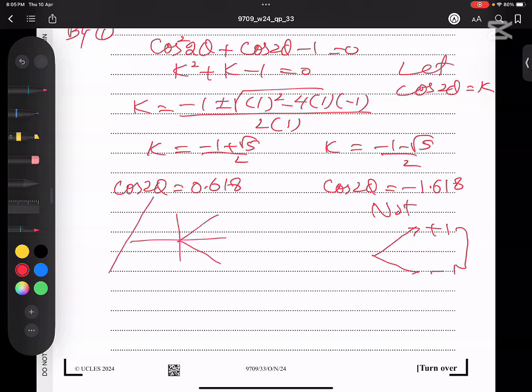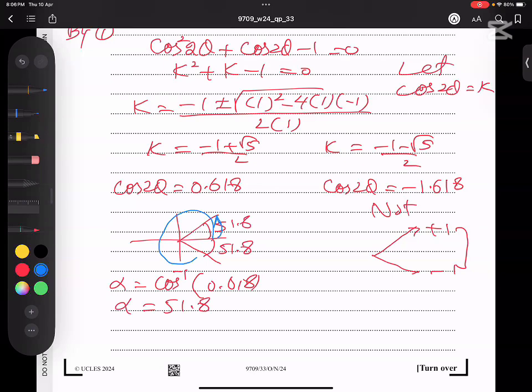And this 2 theta I take as alpha, the principal angle, cos inverse of 0.618. When I type it, cos inverse 0.618, I get 51.8 degrees. 51.8 is here, 51.8 is here. So what is the first answer? This is, and the second answer is this. So I got this 2 theta from here.